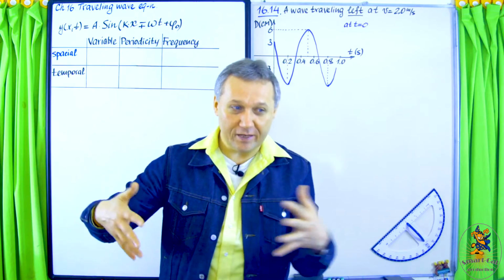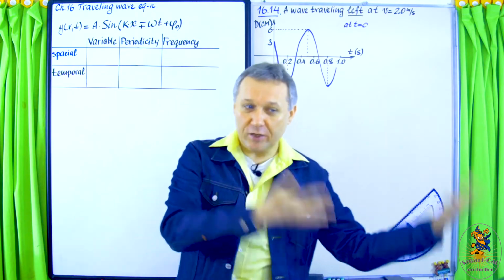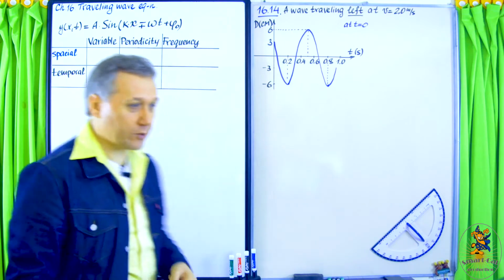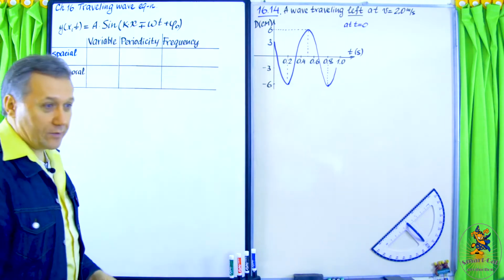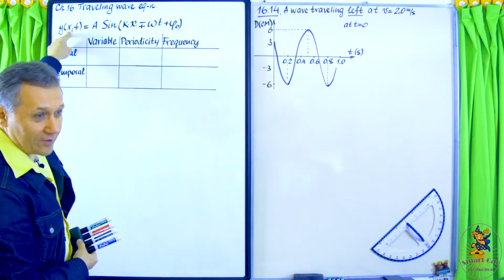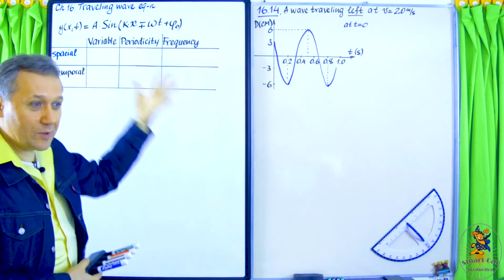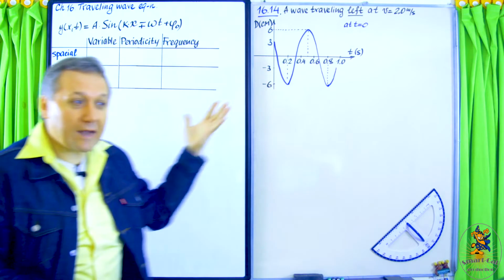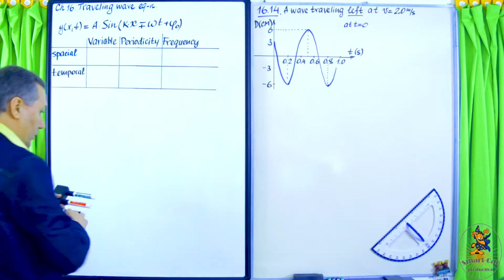So first, among the variables, x describes what happens with the wave in space. That is the spatial variable.